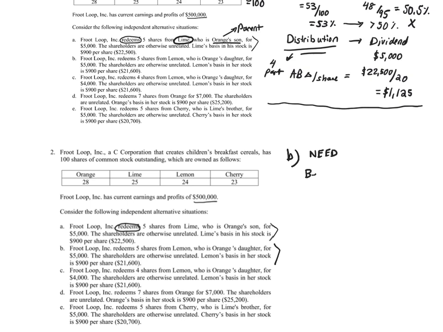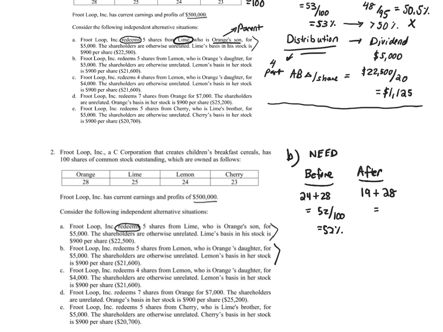We look at before and after. So before, Lemon has 24, Orange has 28. We add them together. That equals what? 52%, or 52 over 100. After, Lemon has 19 shares because 5 are redeemed, plus Orange is 28.